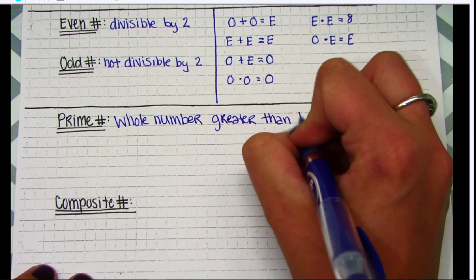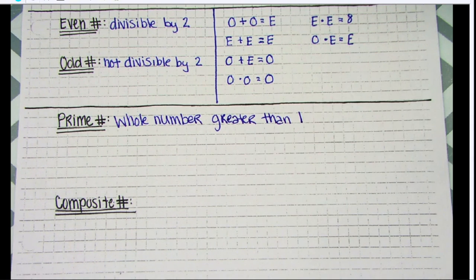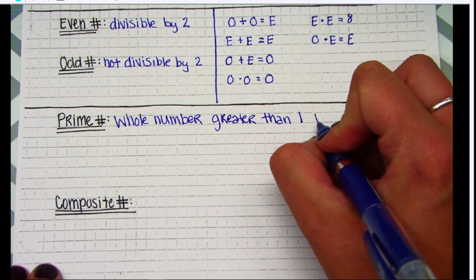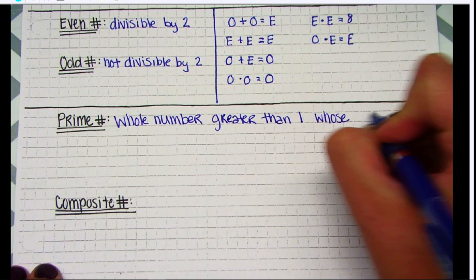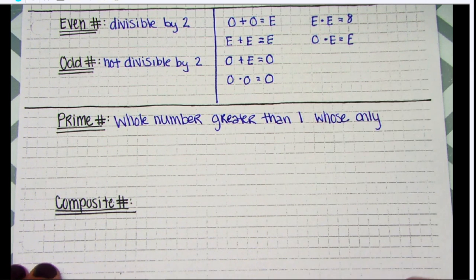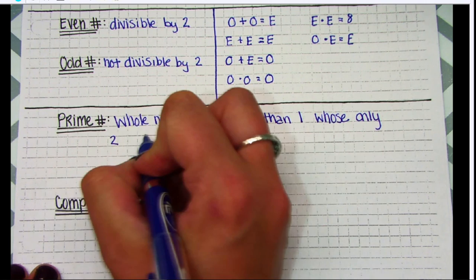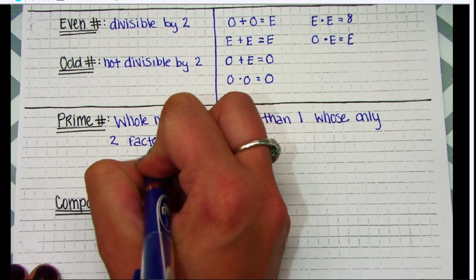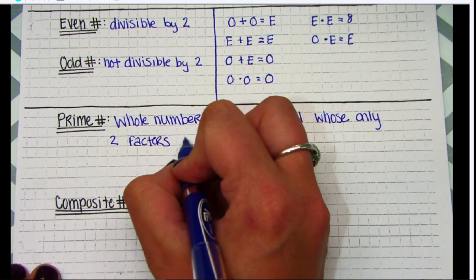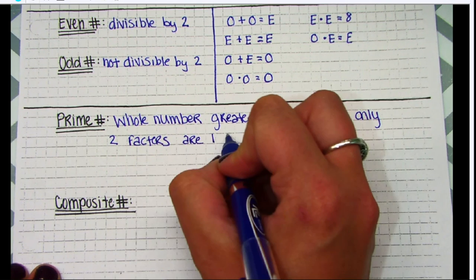So it's got to be bigger than 1. Whole number greater than 1 whose only 2 factors are 1 and itself.